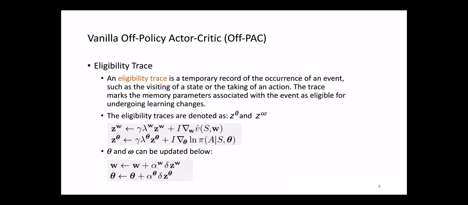The eligibility traces in this case are denoted as z theta and z omega. So we can see that the updating rule of z theta and z omega is as follows. Note that gamma and I here are parameters, and theta and omega can finally be updated as below.